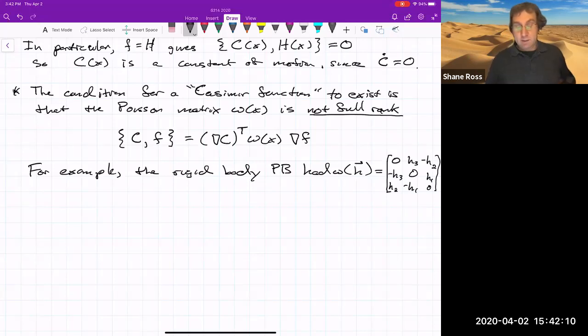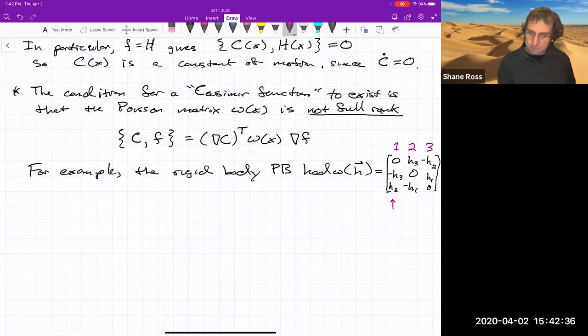full rank? A way to show that a matrix is not of full rank is if you can write one of the columns, let's say column 1, as linearly dependent on columns 2 and 3.